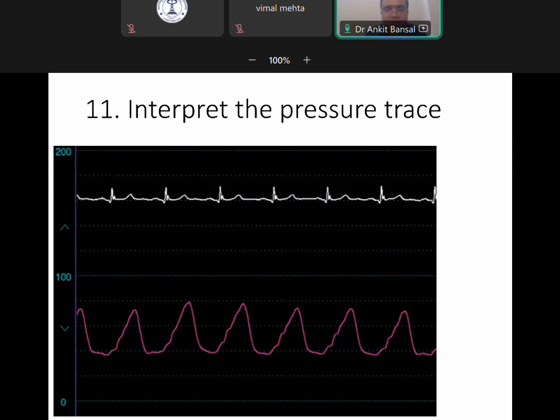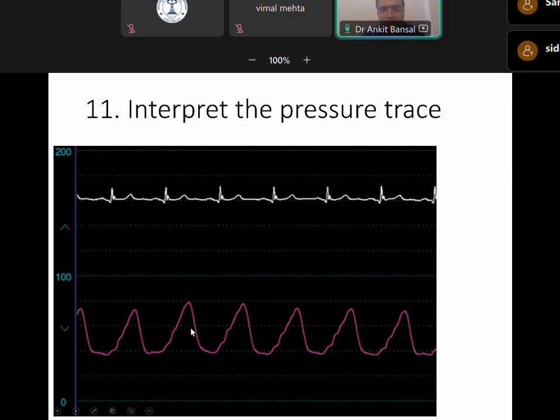Which chamber? Okay, so can it be a left ventricular pressure trace? No.